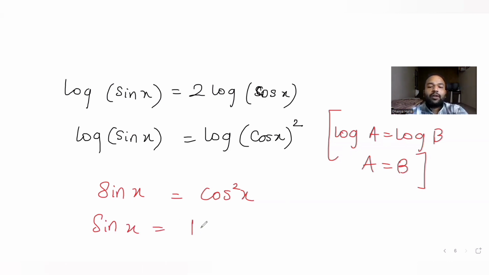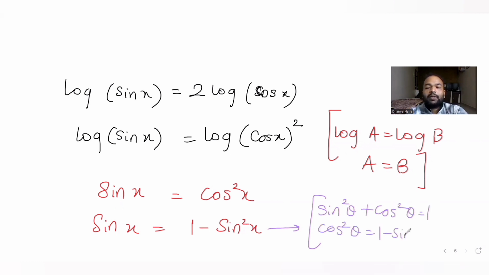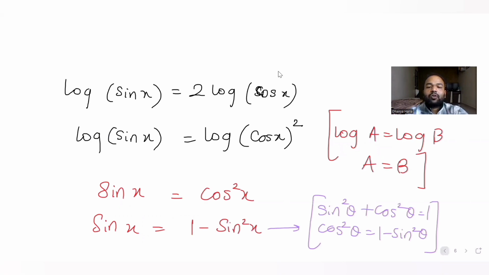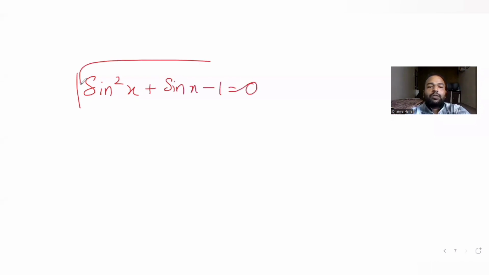If I further solve it using the identity, I can write that as 1 minus sin square x. I'm using the identity that says sin square theta plus cos square theta is equal to 1. So from this idea, I get cos square theta as 1 minus sin square. Further, I can solve it and you get sin square x plus sin x minus 1 is equal to 0.